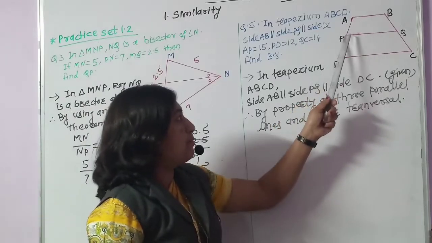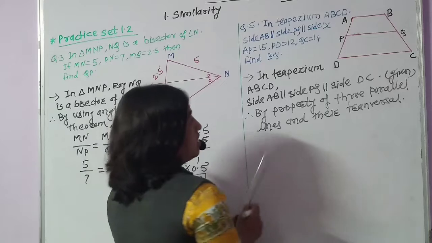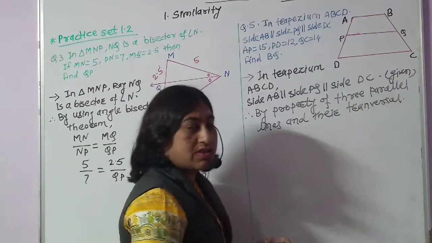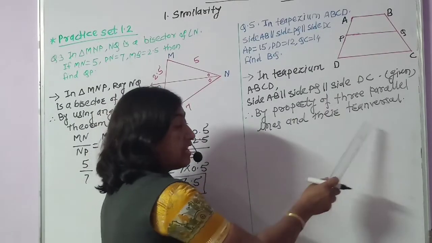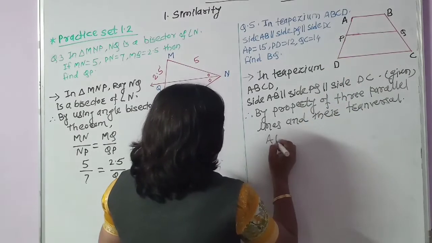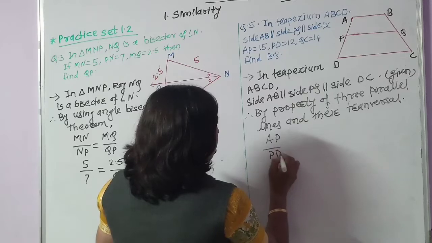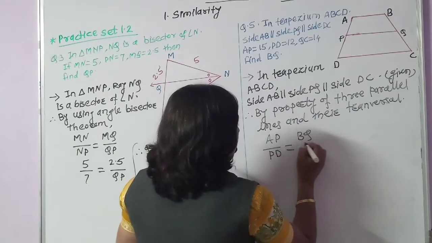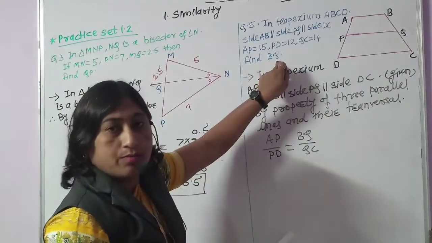That is AP upon PD equal to BQ upon QC. Because these three parallel lines, and AD and BC are the transversals, therefore by the property of three parallel lines and their transversals, we write AP upon PD, which is equal to BQ upon QC, and we have to find the value of BQ.